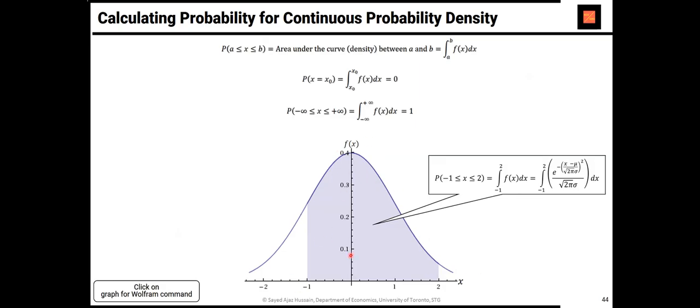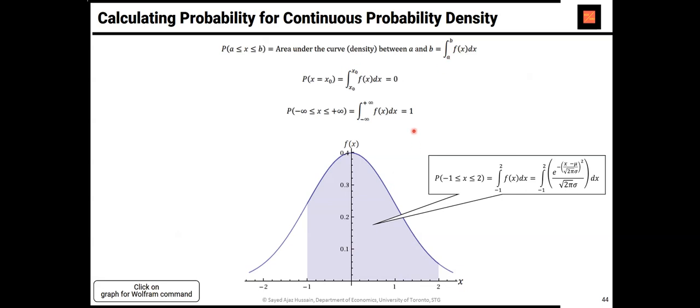If you want to find out the chance that x lies in a certain area, so let's say x is between -1 and +2, you want to find the probability that x is between a number a and a number b. You would find the total area under the density curve between a and b. So what you have to do is integrate that density between a and b.